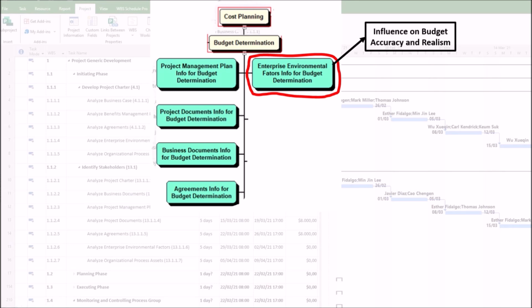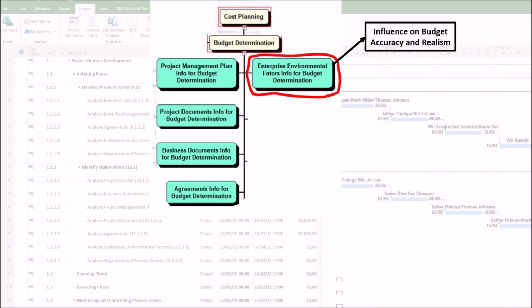1. Influence on budget accuracy and realism. Enterprise environmental factors provide contextual constraints or enablers that shape the budget. For example, first, exchange rate fluctuations, such as in multi-currency projects, must be factored into cost baselines to avoid financial shortfalls.